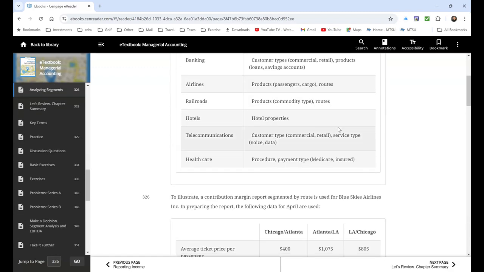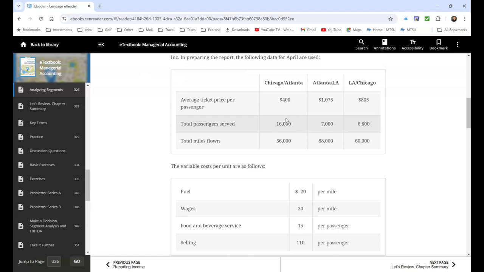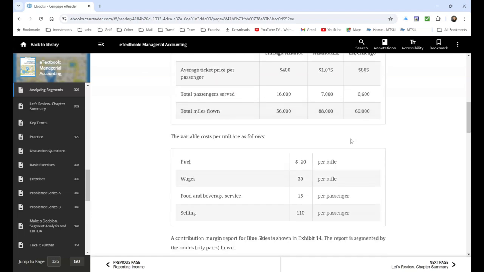But if they look at where they're making their money, you can see that the average ticket price is 400 from Chicago to Atlanta, 1,000 Atlanta to LA, 805 LA to Chicago. And you can see the total passengers and then total miles. So fuel is going to be per mile, so we're going to multiply per mile times the miles flown.